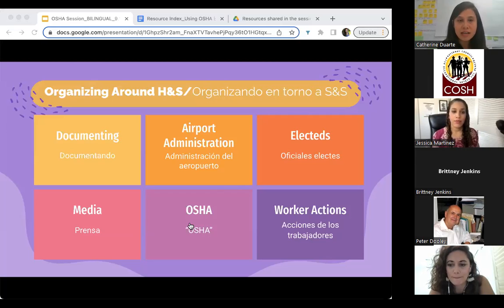At the beginning, it was about understanding well the day-to-day of the worker, because that's when we could identify the different hazards, and they were not the same for all the workers. Actually, not even within the same category. So we started to have detailed conversations with workers about health and safety problems.